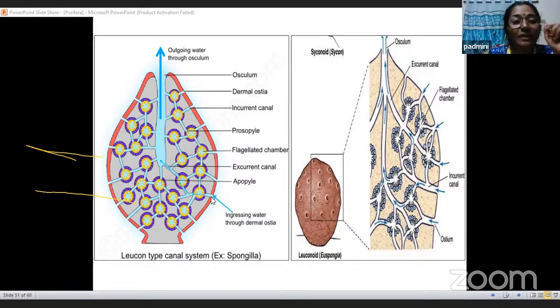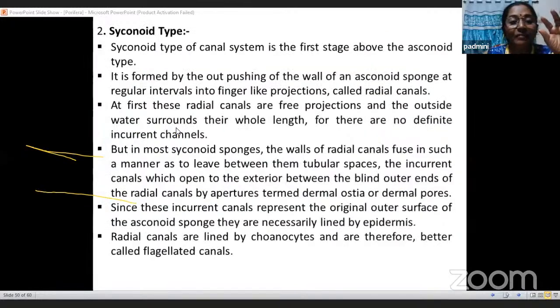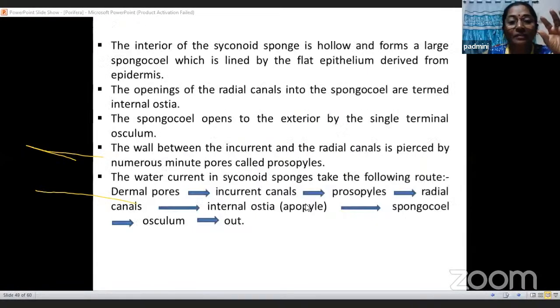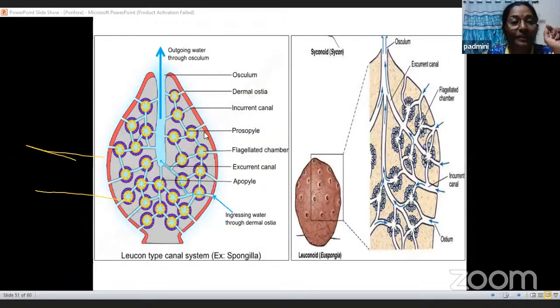See now, here the chambers are made up of globular or round structures, unlike the one that we found over here. That is some wave-like structure in the syconoid type of canal system, whereas in the leuconoid type you have chambers. All those have been separated as round chambers. But the cells are all going to be the same.